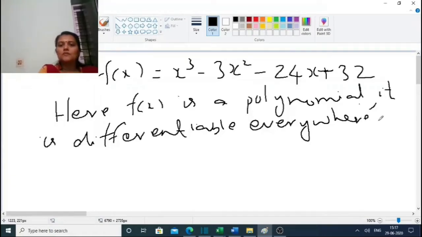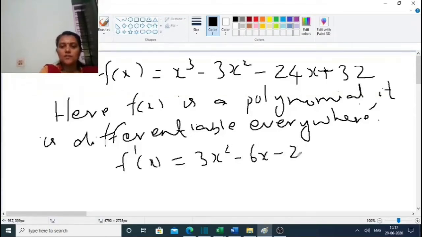Also it is twice differentiable. First we find f dash x, which is equal to 3x square minus 6x minus 24.